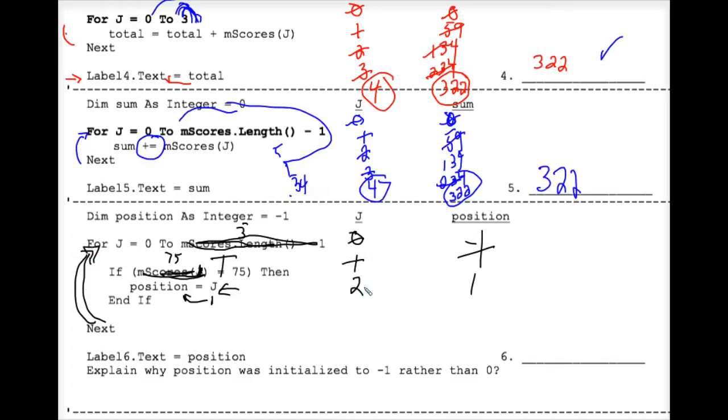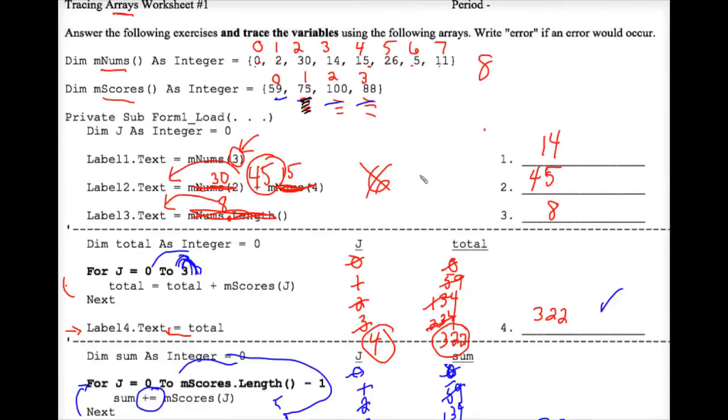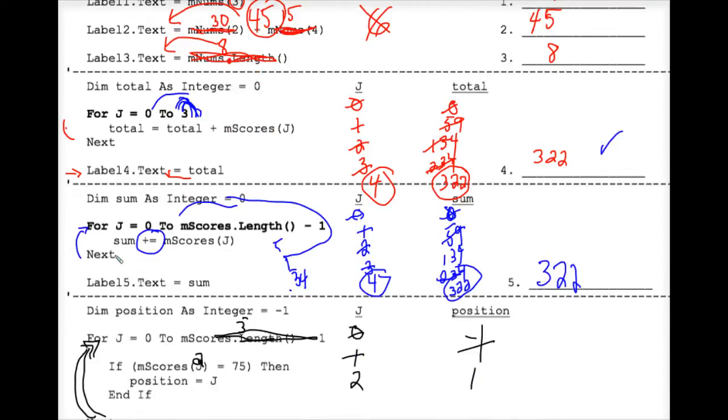J bumps up to 2. We are checking to see if M scores J, where there's a 2 there for the J right now, if that's equal to 75. We come up here, position 2, it's not a 75, it's 100. Overall 100 here is not equal to 75, so this is false.